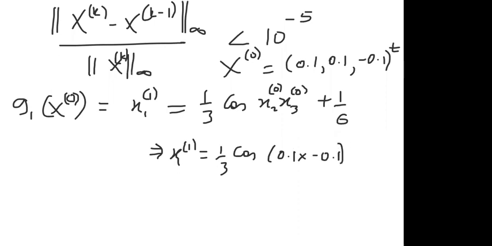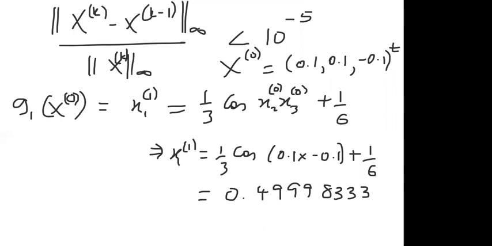So I'll multiply this and then plus 1 over 6. So if you use your calculator there, you should be able to get this value. So verify that the answer you're going to get will be 0.49998333. Okay, so that's the value you're going to get.